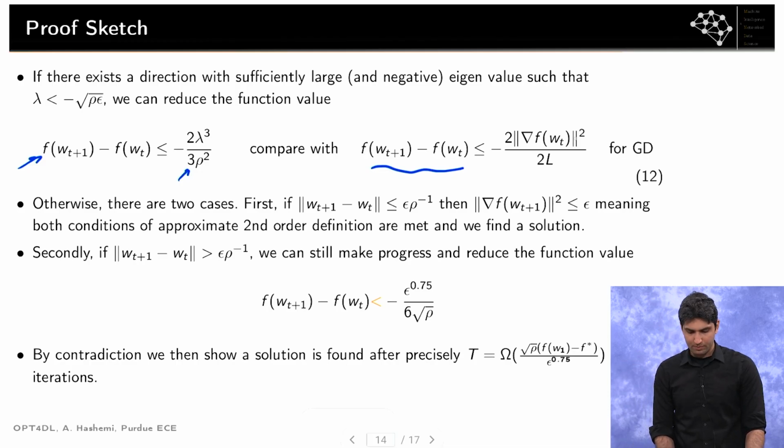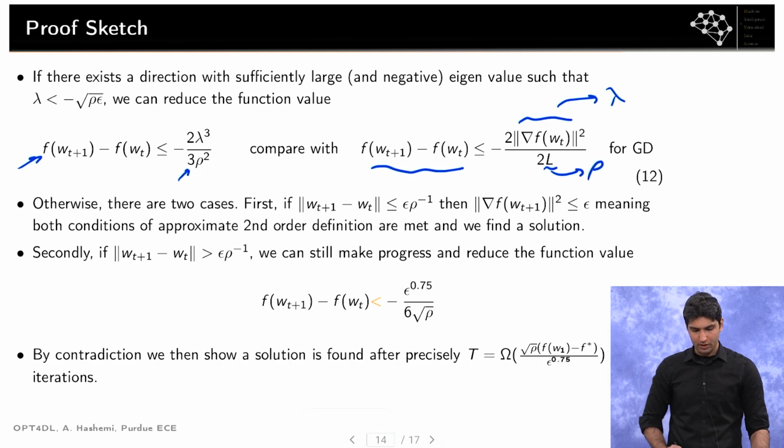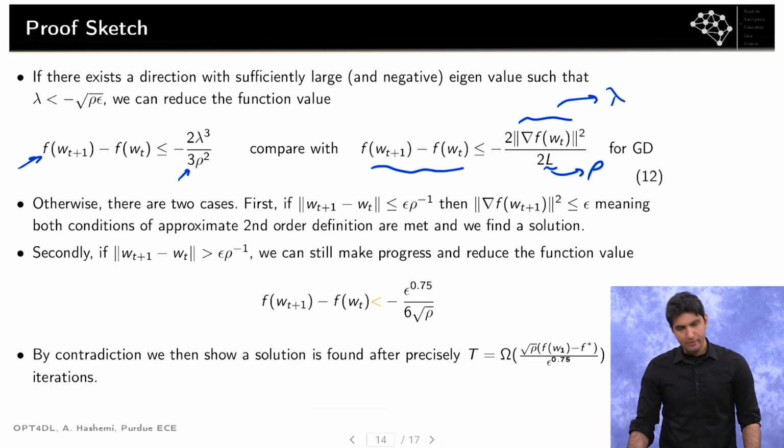And the bound was basically proportional to the gradient norm. The larger the gradient norm, the more progress we're making. So now this is replaced with lambda. And it also was inversely proportional to the Lipschitz constant of the gradient. The better condition the function is, meaning the smaller L, the more progress we are making. And now in this case, this is replaced with rho.